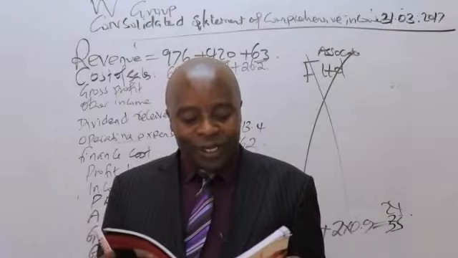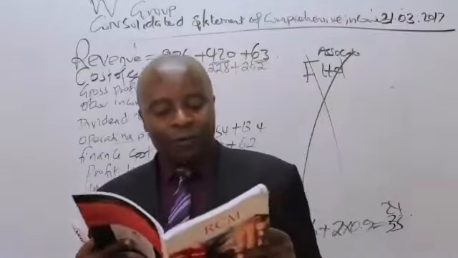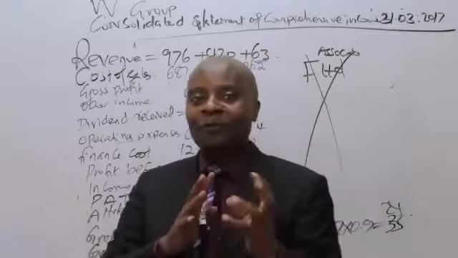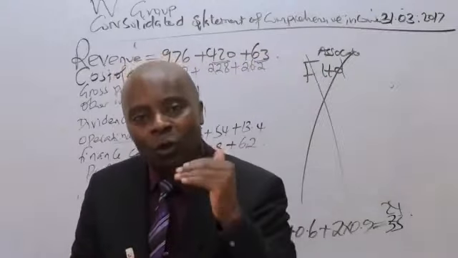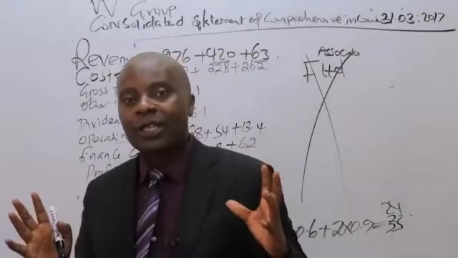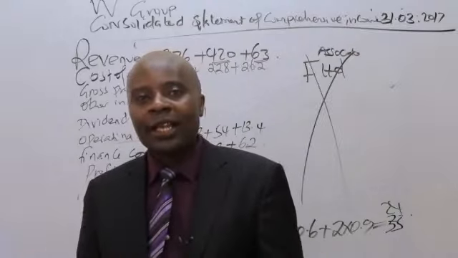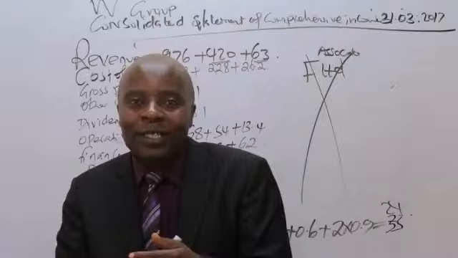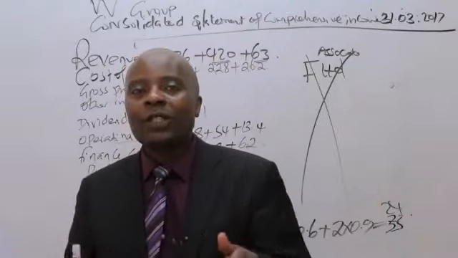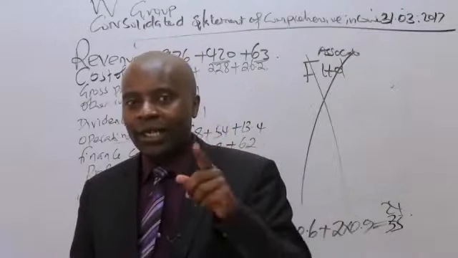During the year ended 31st March 2017, W Limited sold goods to F Limited for 15 million. Remember, W and F are in a very serious relationship, like family. If your daughter comes to your shop that sells nice clothes wanting to buy goods, and you book a sale of 2,000 shillings, at the end of the year you will remember that that 2,000 sale is a sale to your daughter.